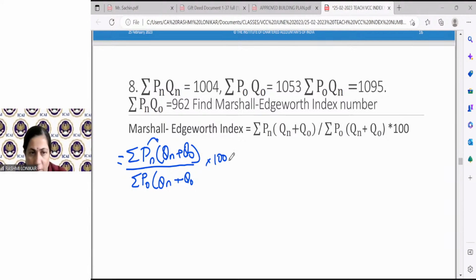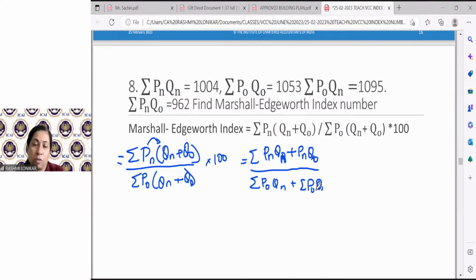So this will become summation of PnQn plus PnQ0 upon summation of P0Qn plus summation of P0Q0. Okay. So into 100.